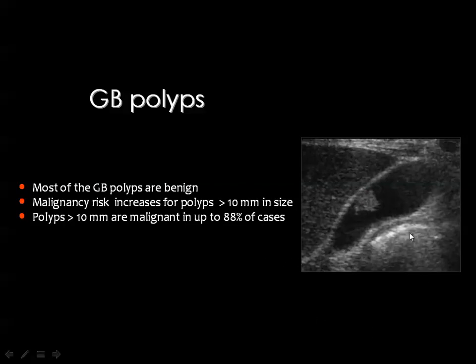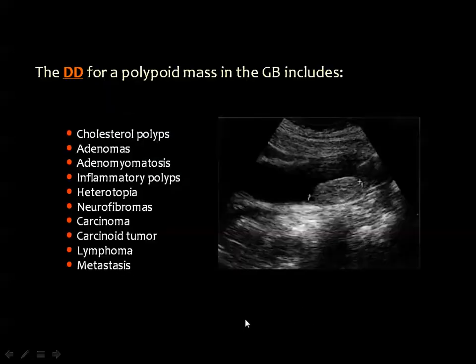Polyps are non-mobile masses inside the gallbladder. There is no posterior acoustic shadowing to differentiate polyps from stones. Then this is a gallbladder polyp, and you see the lesion with no posterior shadowing.